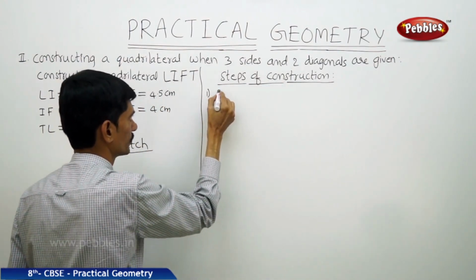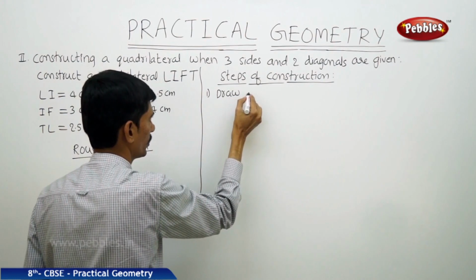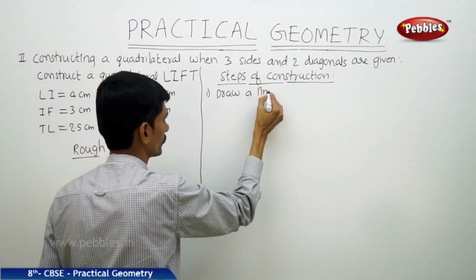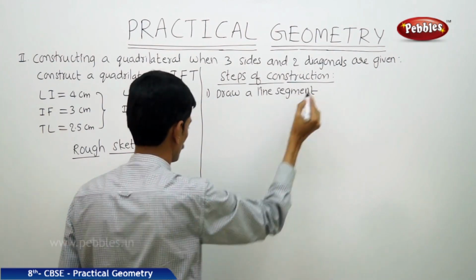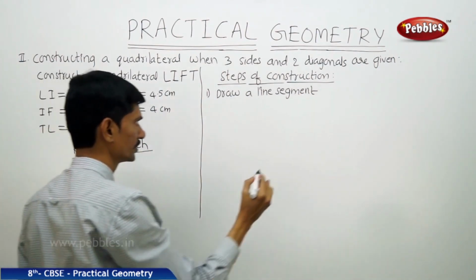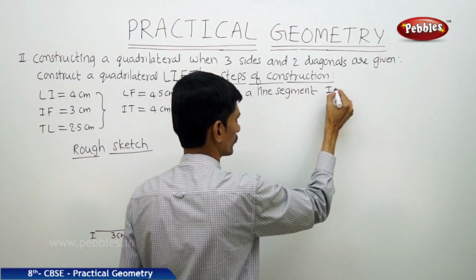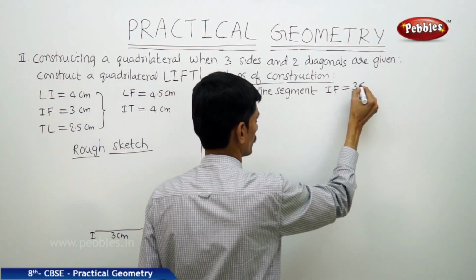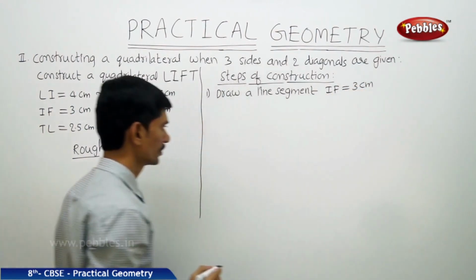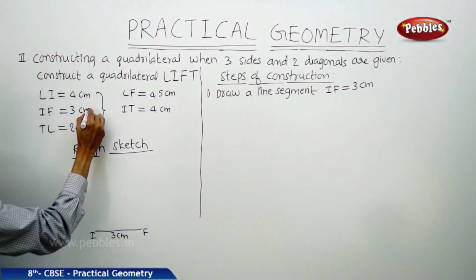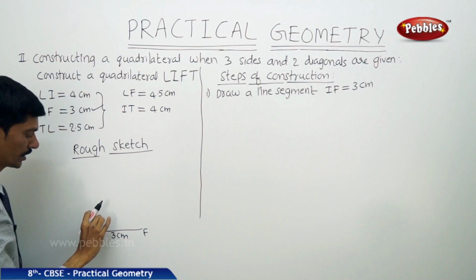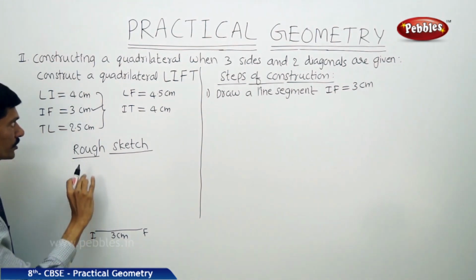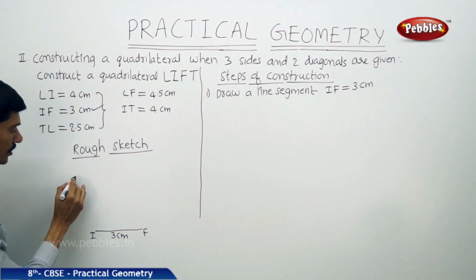First step, draw a line segment IF equals 3 centimeters. Then LI is given as 4 centimeters. So we can take I as the center and 4 centimeters radius, draw an arc.